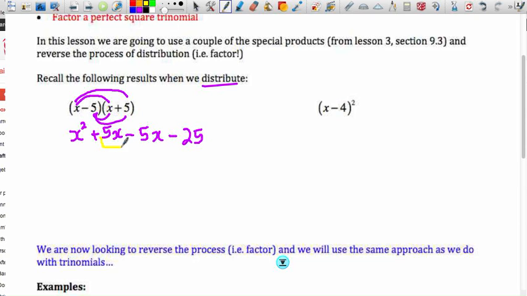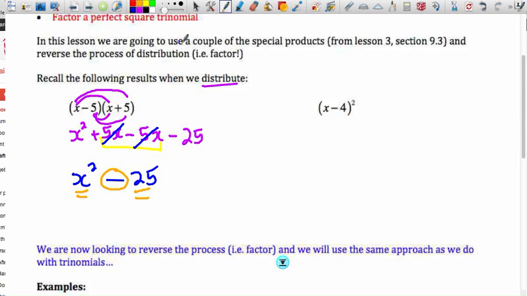If we identify our like terms and add and subtract, our final simplified product yields x squared minus 25, and what you'll notice is that those two middle terms cancel each other out. So this is an example in factoring terms of something called a difference of two squares. It is a difference of two squares because it has the minus sign for the difference. X squared is a perfect square, and 25 is a perfect square as well.